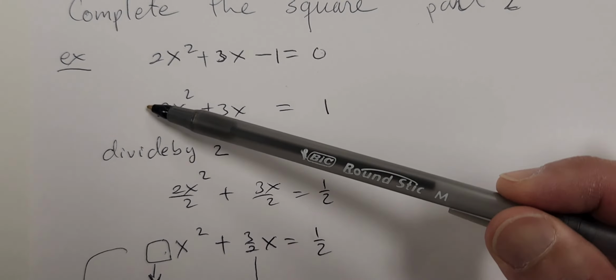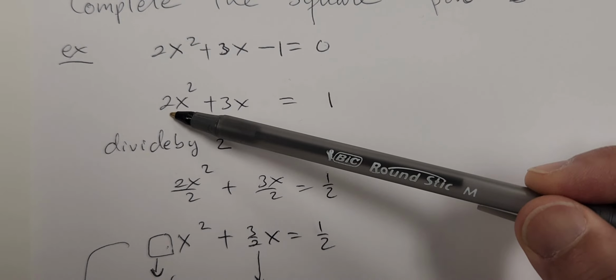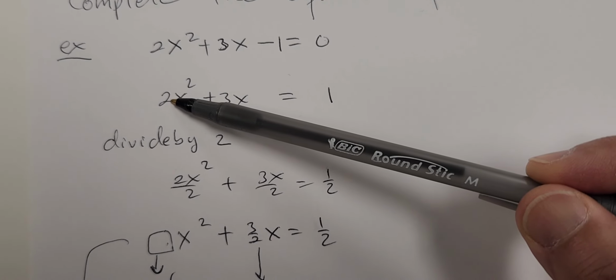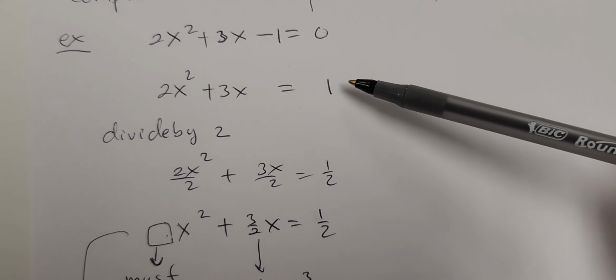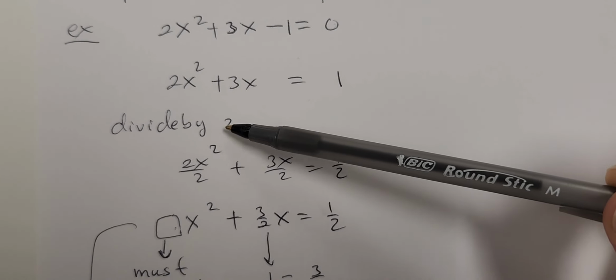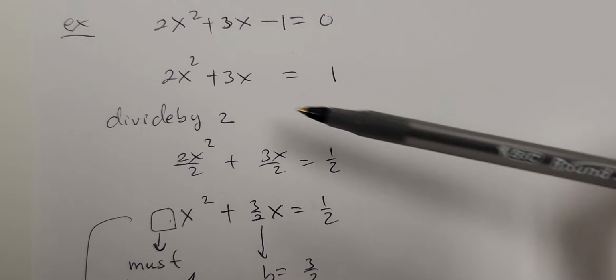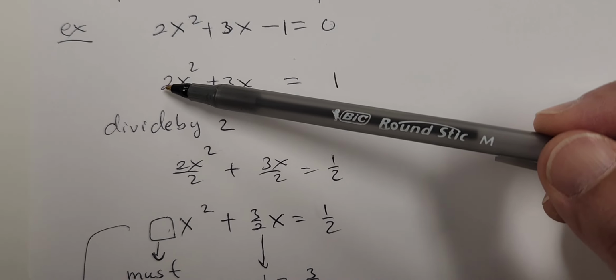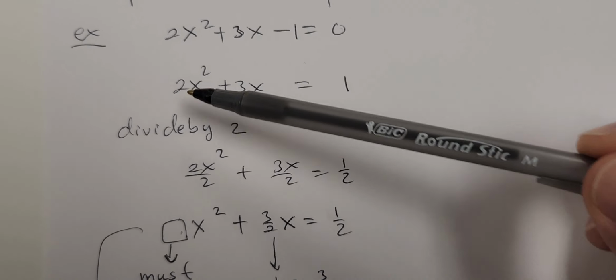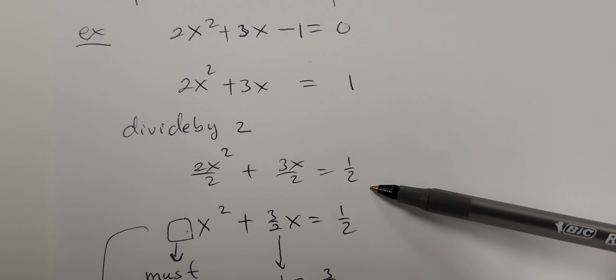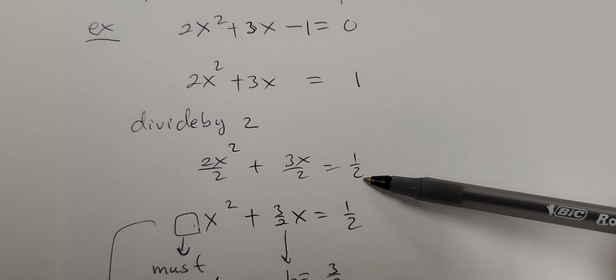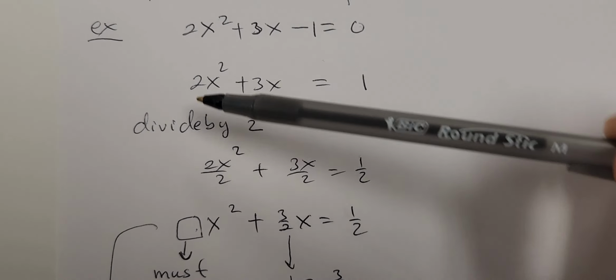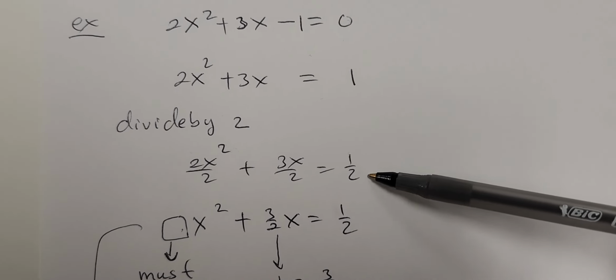Next, this right here where I'm circling must be a 1. Since it is a 2, take this 2 and divide all of the terms by 2. If this was a 6, divide all of the terms by 6. If this was 5, we divide by 5.